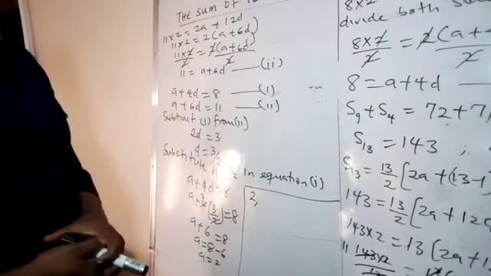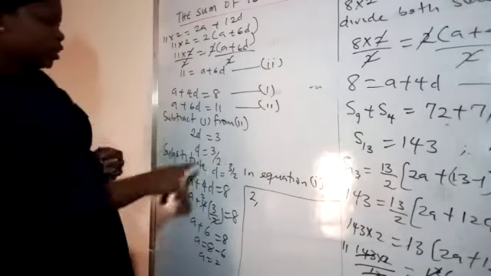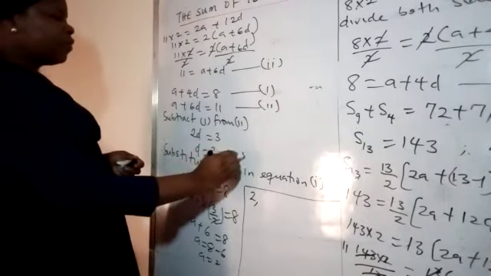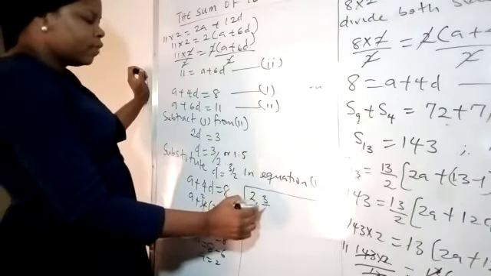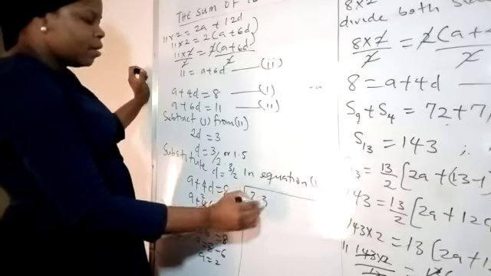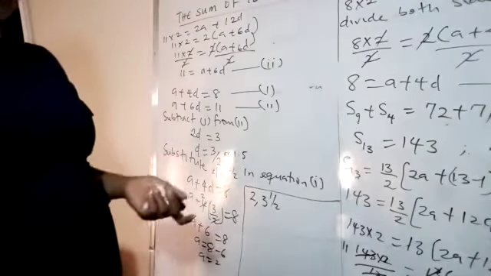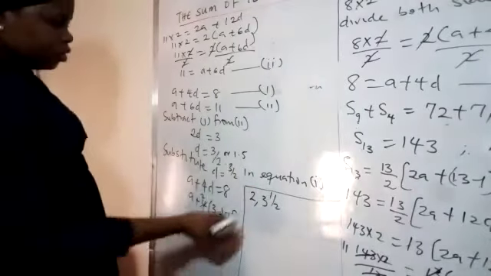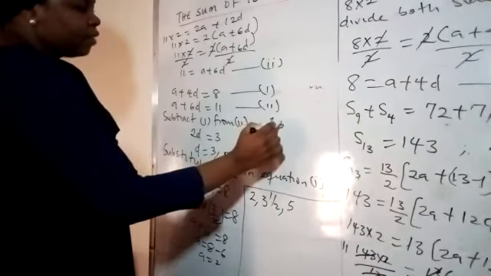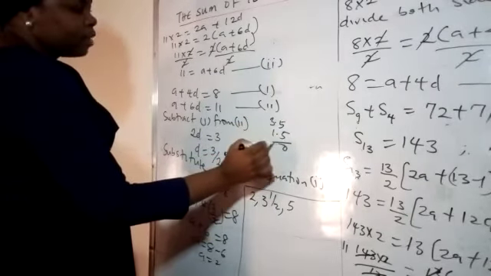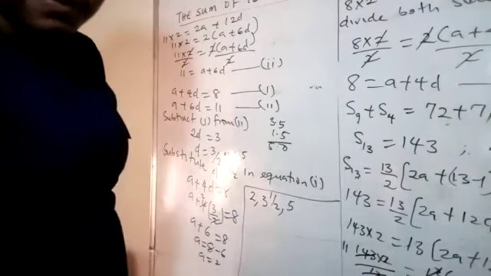The second term will be 2 plus 1.5. So this is 3 over 2 or 1.5. The next one is 3 and 1 over 2, or 7 over 2, or 3.5. Do you get that now? If I add the next one, if I add 3.5 plus 1.5, that will give me 5. So the next term will be 5.